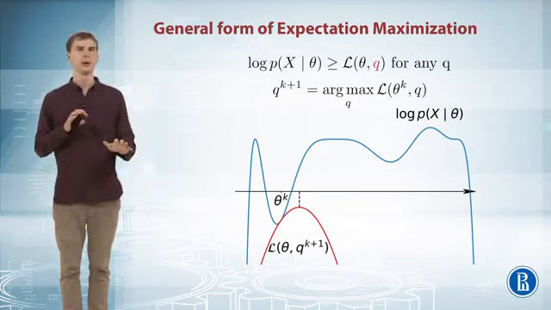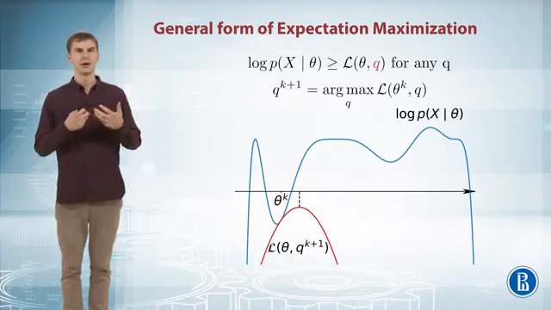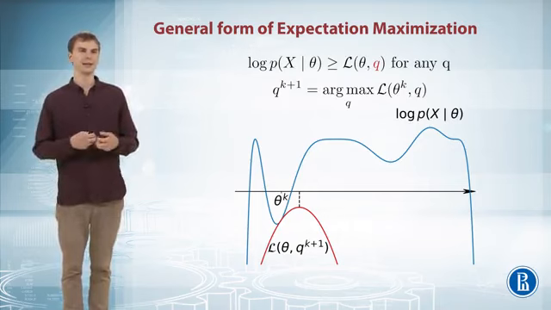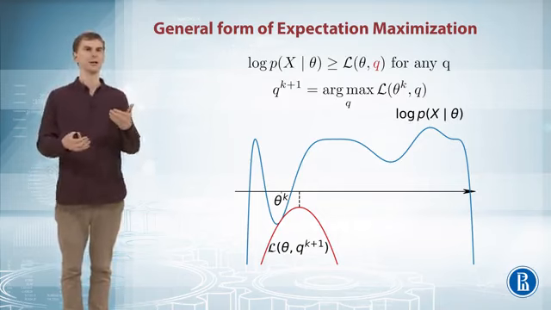So we fix one, we optimize with respect to the rest. And it makes sense, right? Because we have a lower bound that depends on theta and q, so let's find its maximum with respect to both sets of parameters. And how to do it? Why not use block coordinate descent? Why not do it in iterations, fixing one and optimizing the rest?